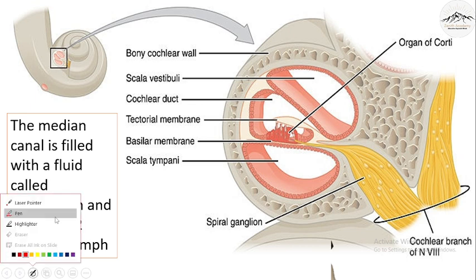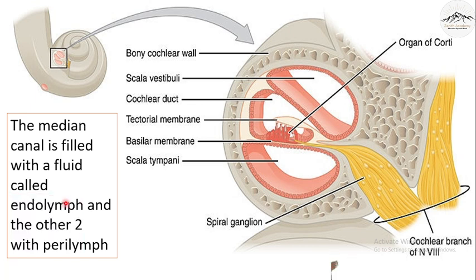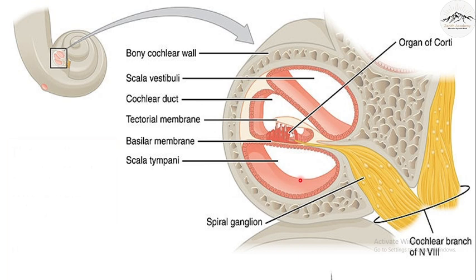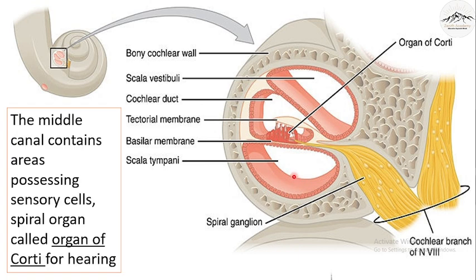So see here, this median canal has a fluid known as endolymph, and this canal and this canal, both of them are filled with perilymph. Next, the middle canal contains areas possessing sensory cells. You can see these are sensory cells. The spiral organ called the organ of Corti is for hearing.